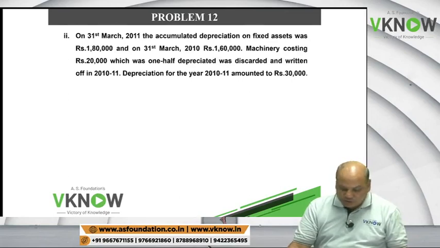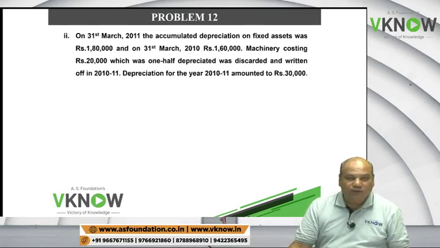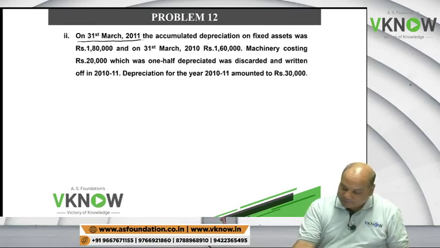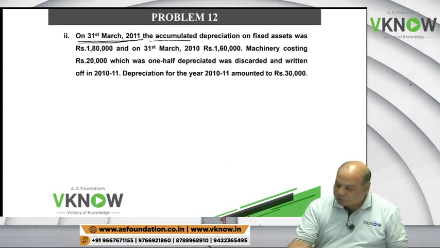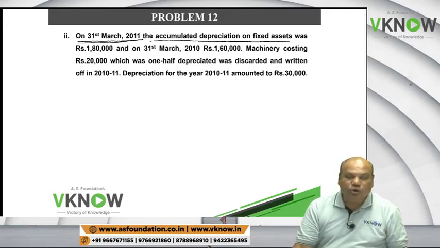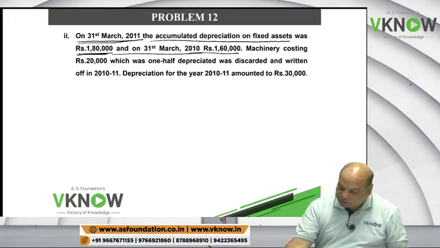Next line, adjustment number 2. On 31st March 11, the accumulated depreciation on fixed asset was 1,80,000, and on 31st March 2010, 1,60,000.